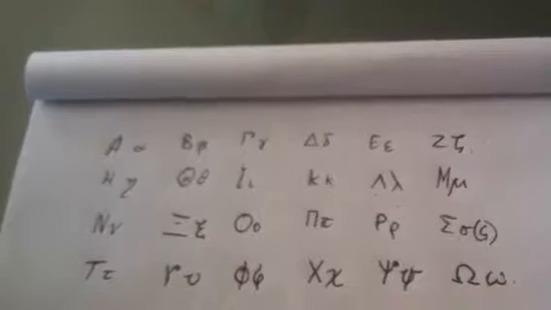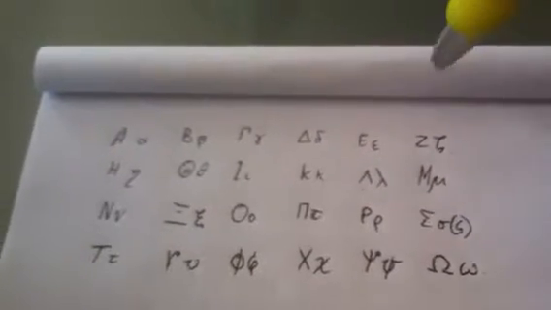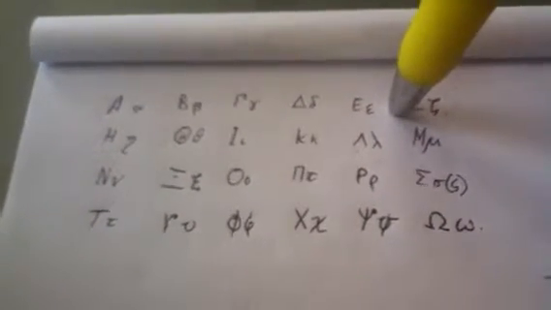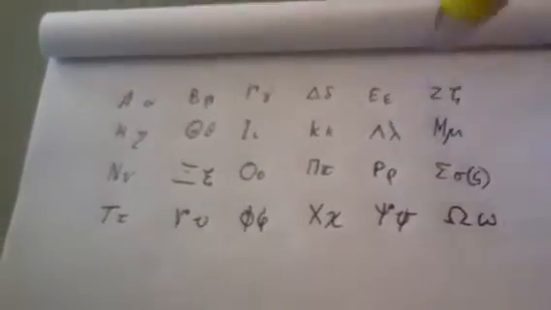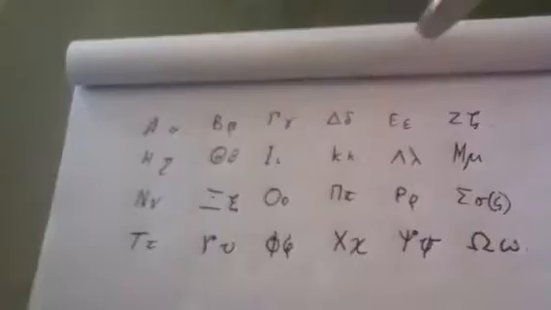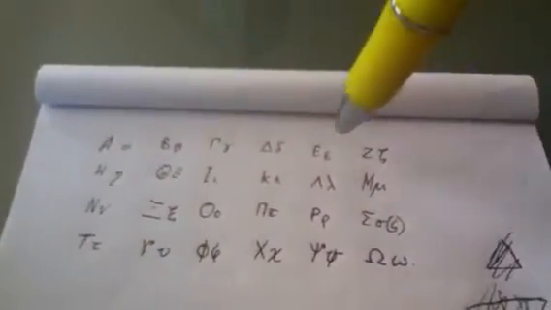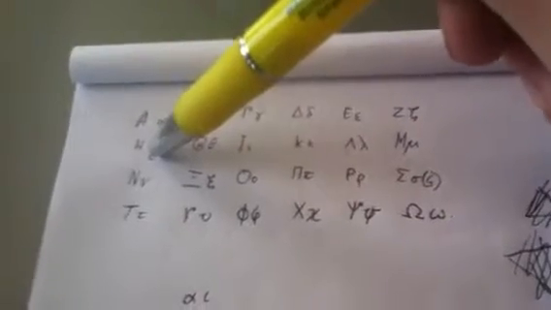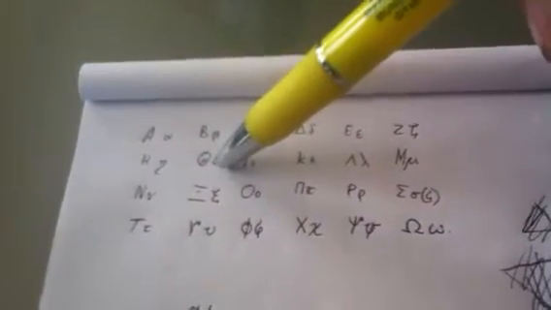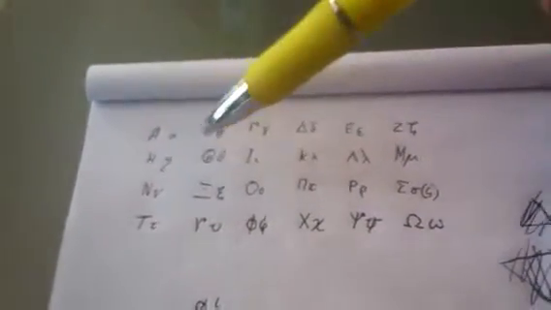Okay, let's say you memorize up to epsilon. Forget the zeta for the time being, because we're going to remember it in a different manner now. The next 2 letters after zeta are eta and theta.